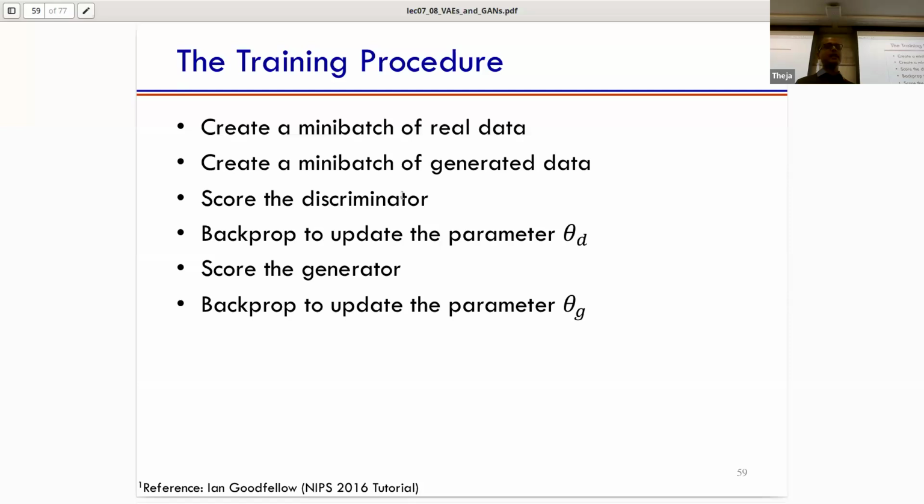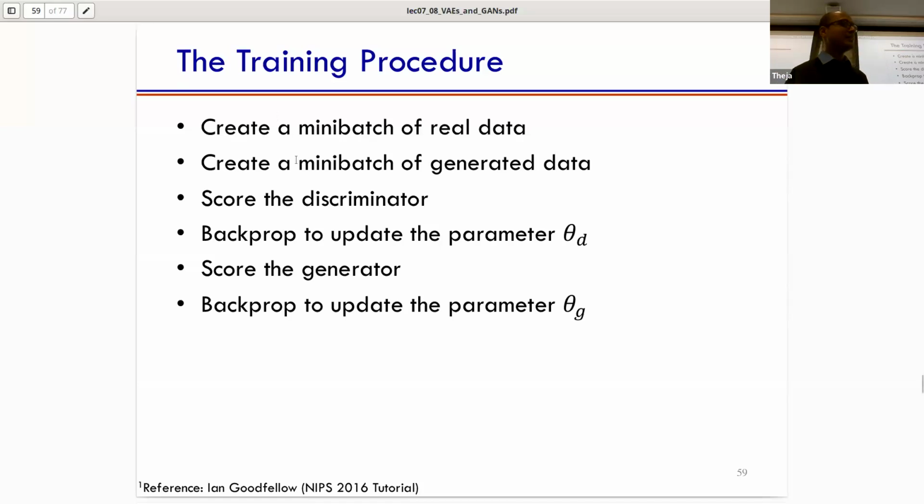The way you train is you create a mini batch of your real data, let's say 10 images. You generate 10 images from your current generator. Now these 10 images and these 10 images have nothing to do with each other, in the sense that there's no correspondence. In VAEs there's some correspondence between reconstructed images and so on, but here there are two sets of images that are not related to each other.